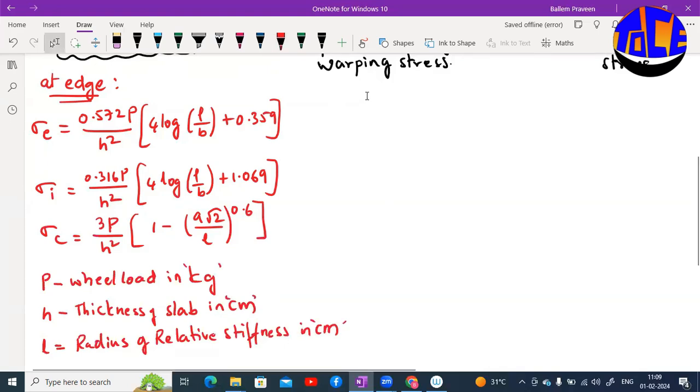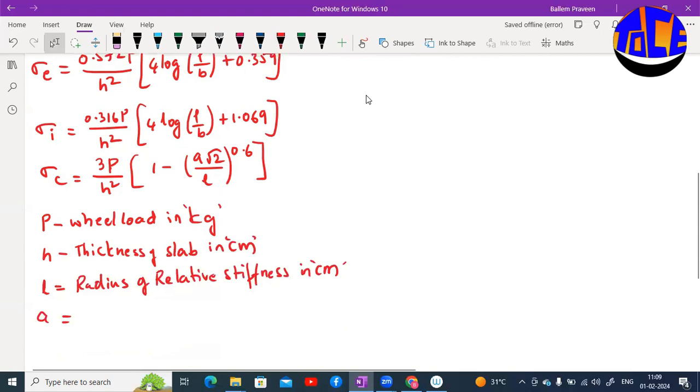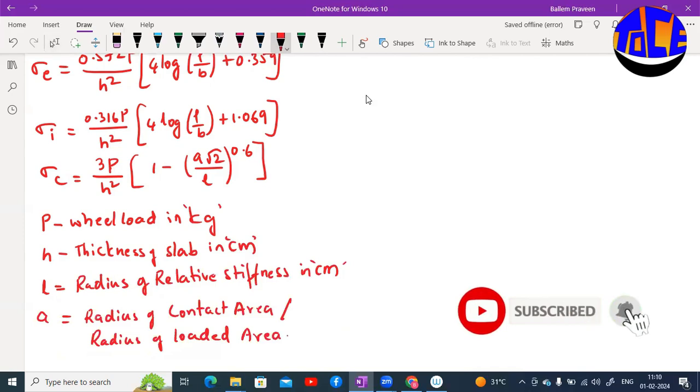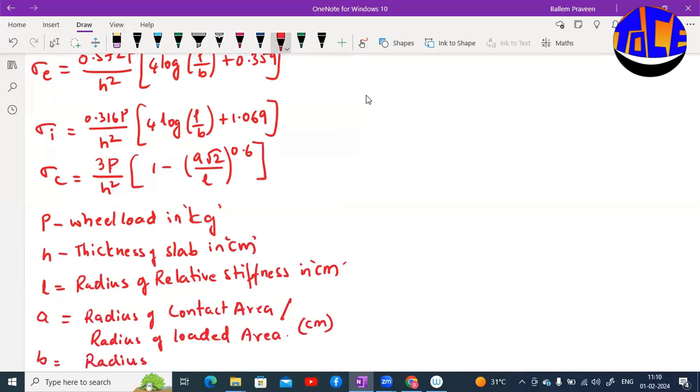A is the radius of contact area, or radius of loaded area, one and the same, also in centimeters. And B will be the radius of resisting area, which is also in centimeters.